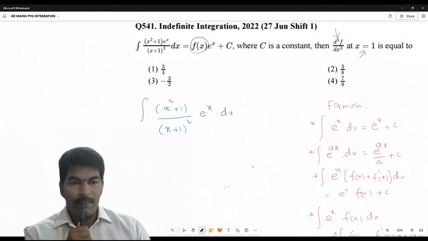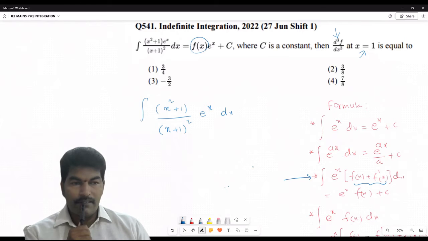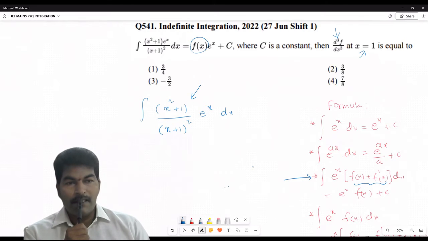Now coming to the present problem. Here, this is a combination of this formula. That means f of x and f dash x are completely merged with each other, and we got this term (x square plus 1) by (x plus 1) whole square. So how do you identify which particular formula will be used to solve this question?